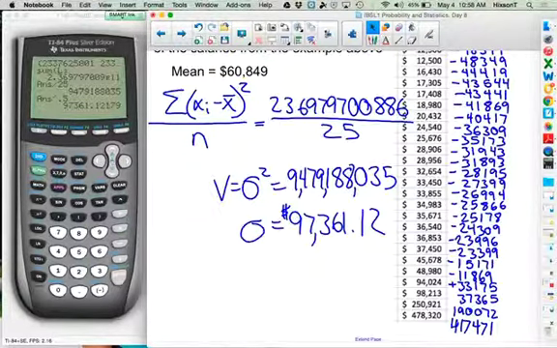Some of it is kind of clustered in the middle here, but then we've got some really, really low ones, we've got some really, really high ones, and a couple here that are in the 90s. So we have data that's pretty spread out, and that's what this standard deviation is telling us. Okay? Does that make sense?